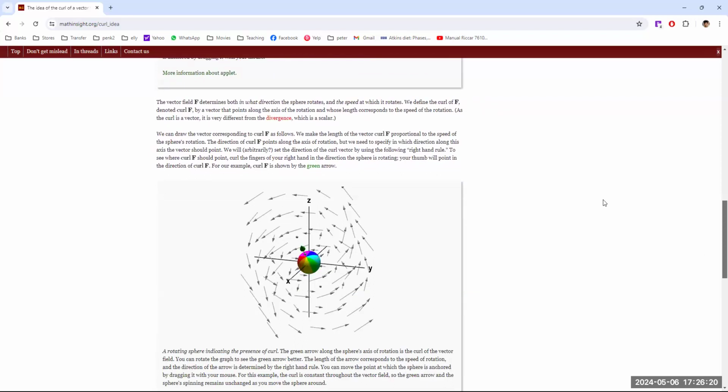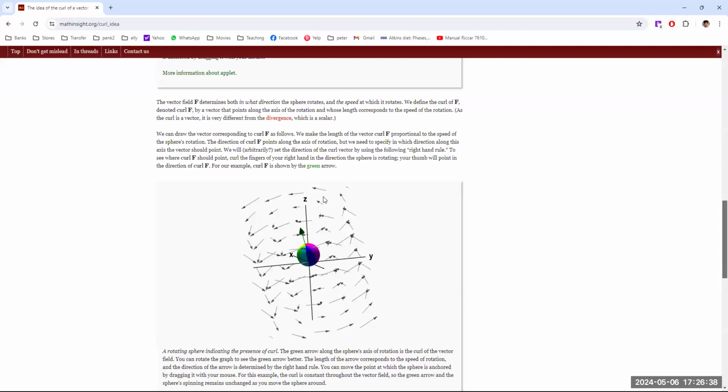Now, notice that a curl is a vector. That vector actually represents the axis of the rotation. The curl as a vector tells us the axis of rotation, and then the magnitude of that curl tells us how fast it actually spins.